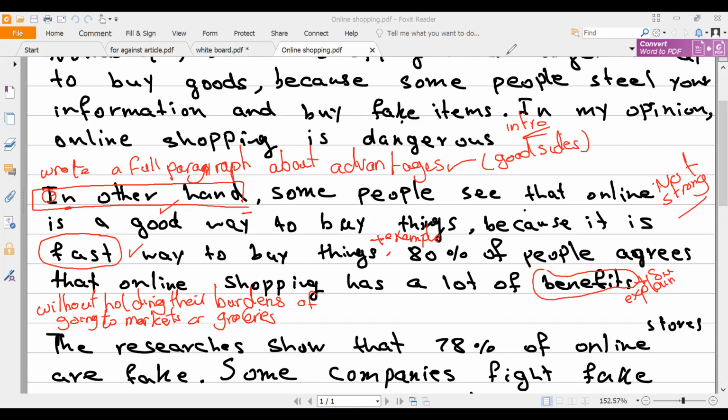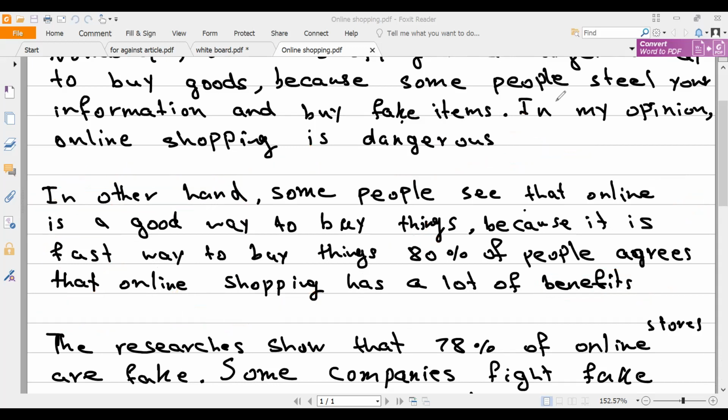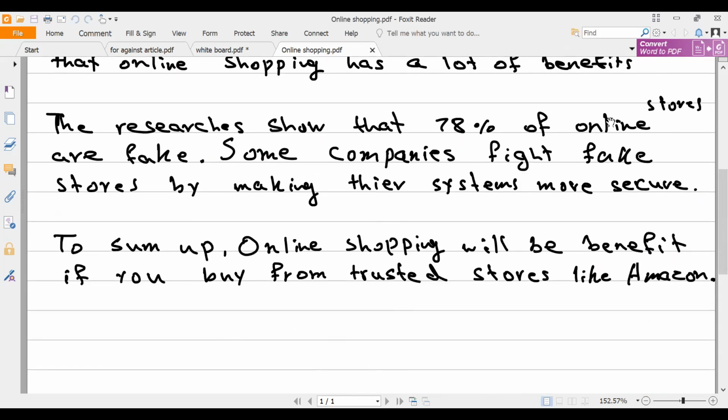Then the next paragraph: "The researchers show that 70% of online stores are fake." This is the disadvantages, right? You see here, Muadh, you can write "on the other hand" when you mention the disadvantages.